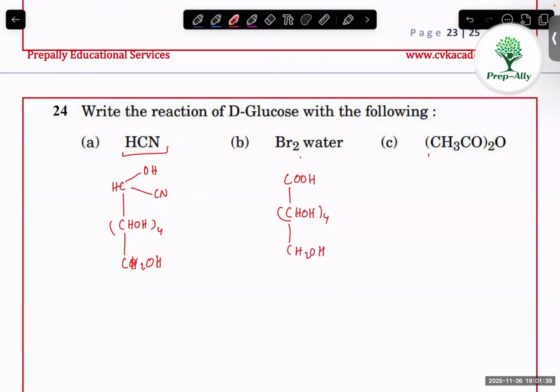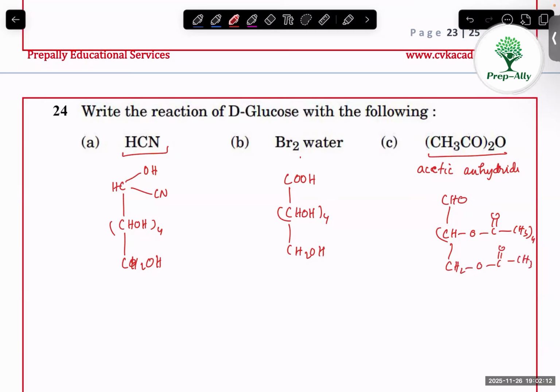In case those who don't know, this one is called acetic anhydride. So this will give only one product, that is CHO, with CHOC double bond O CH3 4 times, and CH2 O C double bond O CH3.